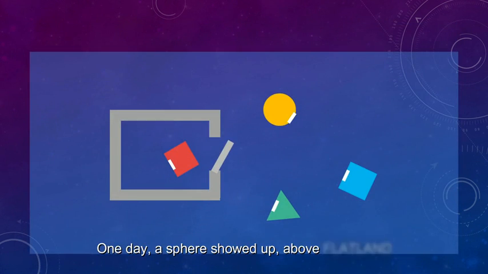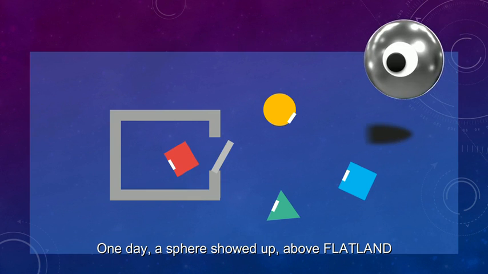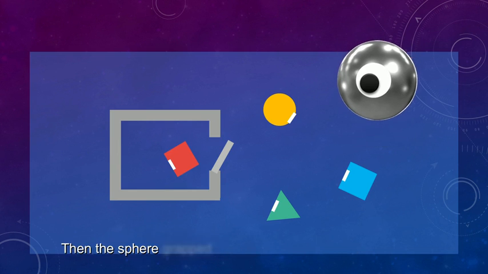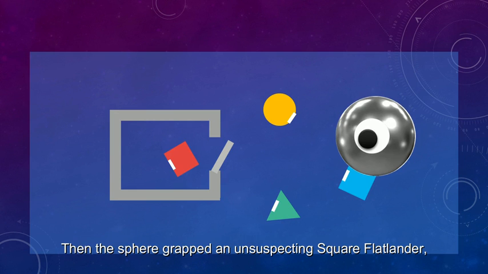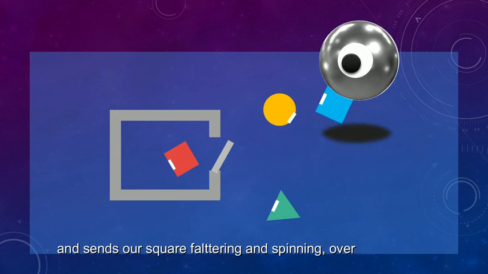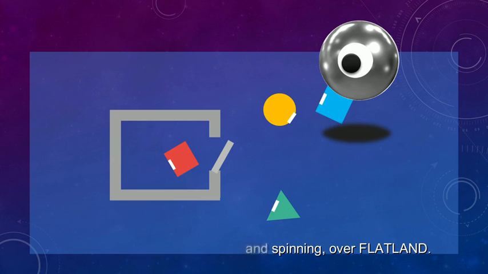One day, a sphere showed up above Flatland, but no Flatlander seems to notice. They lack the perception of the above and the third dimension. Then the sphere grabbed an unsuspecting square Flatlander and sends our square fluttering, spinning over Flatland.